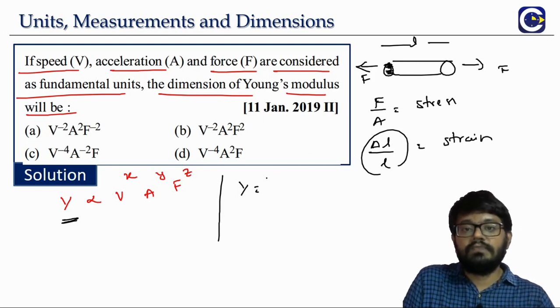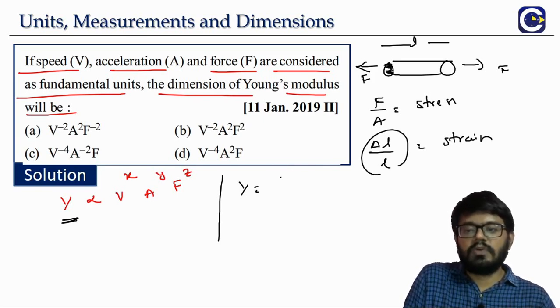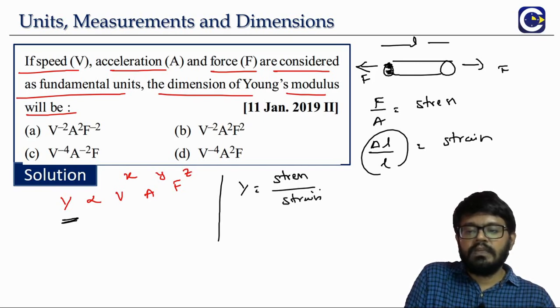In properties of solids, we will see that not only Young's modulus, we will also have other types of modulus of elasticity, like bulk modulus and rigidity modulus. But here, Young's modulus is the ratio of stress by strain. If you observe carefully, strain will not have any dimensions. Why?